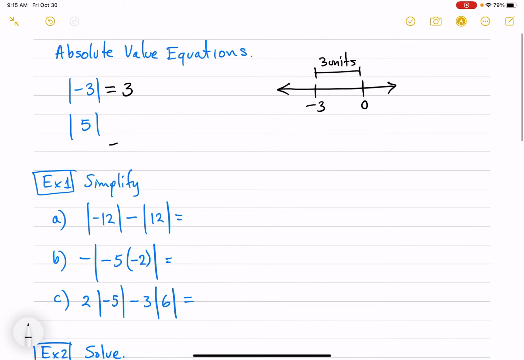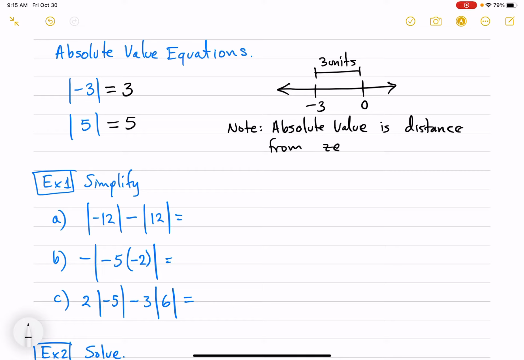Same thing happens for the absolute value of 5. The absolute value of 5 is also 5. So please take a note here. We think about absolute value as the distance from 0.